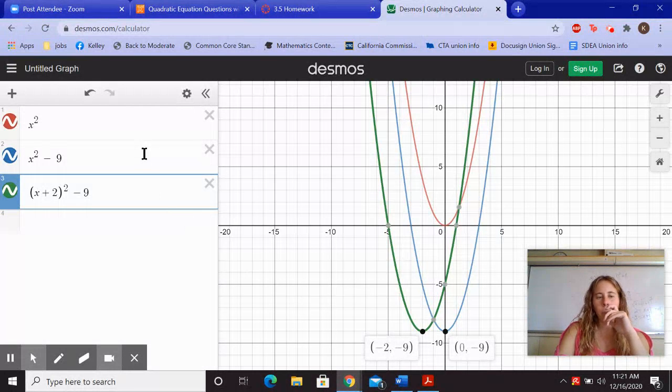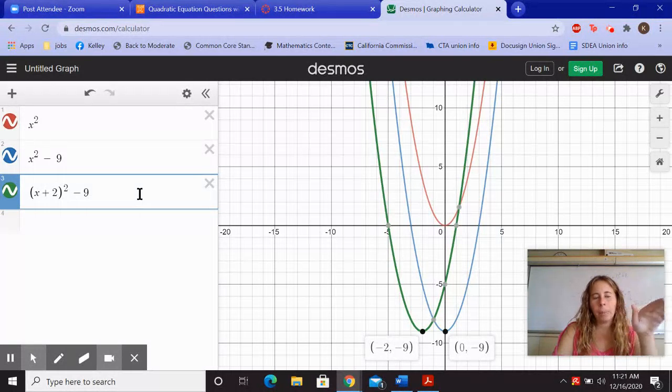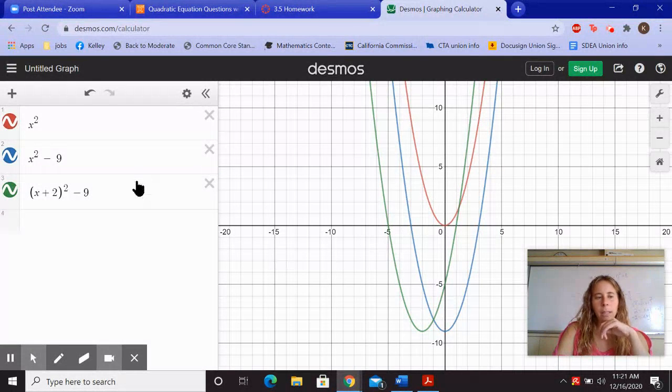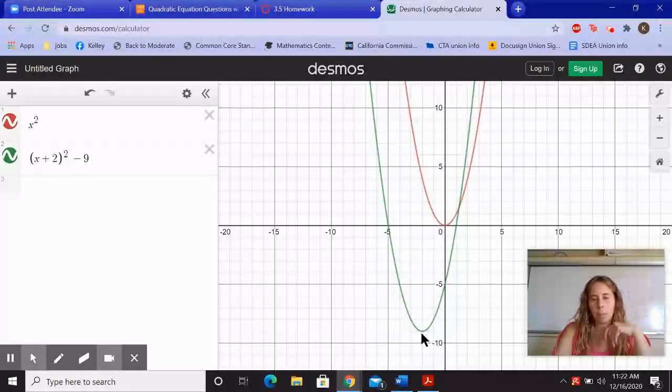So if you're going from the blue graph to the green graph, your y values stay the same this time, but your x values shift 2 to the left. All right? So going from the red to the green, my y values are shifted down 9, and my x values are to the left 2. So subtract 9 from your y values, subtract 2 from your x values, and that'll be your new graph.